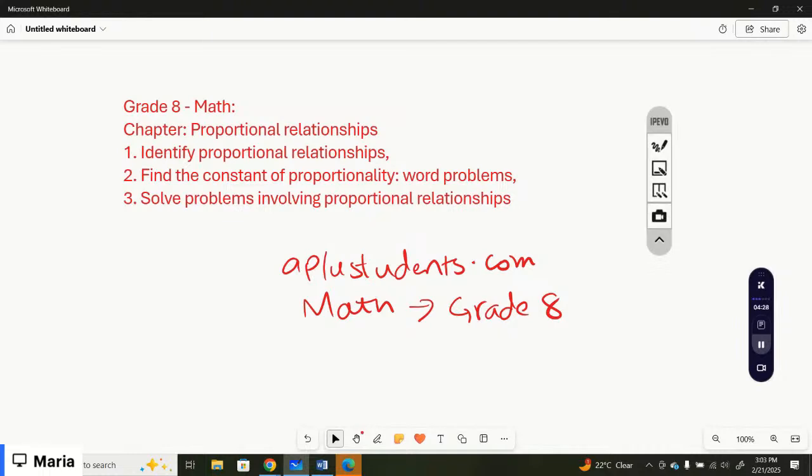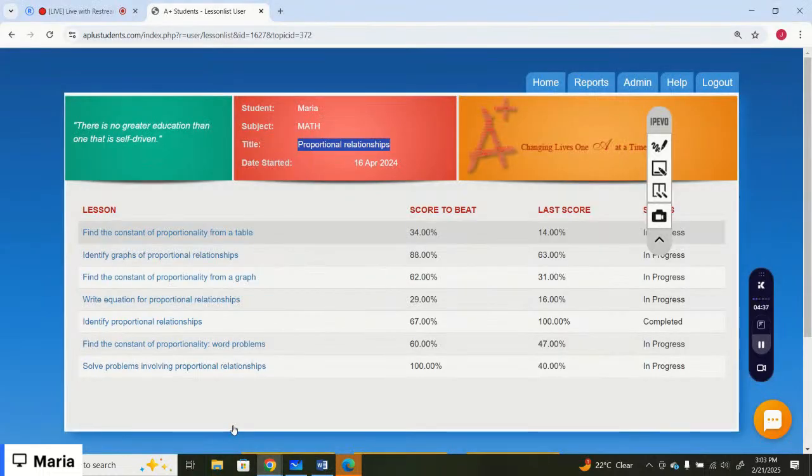So please make sure you have your notebook and pencil so that you can note down the important examples and definitions as well. Here I'm on grade 8 math.